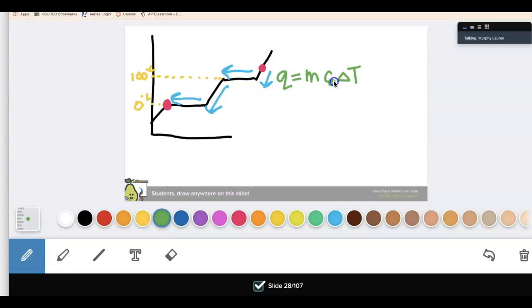We're in this gas phase up here, so we're going to want to use the specific heat for water in the gas phase if we're above 100. Is there another mc delta T equation in this? There is, right? It's this arrow right here. Why? Because as you move down this line, temperature changes. mc liquid delta T, because between 100 and 0, water will exist as a liquid.